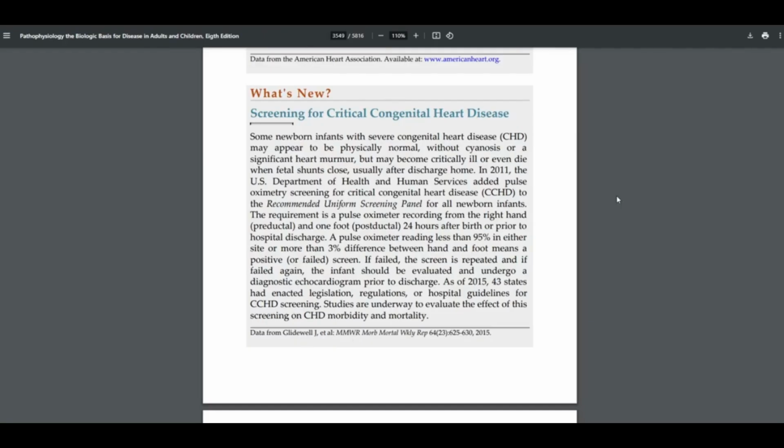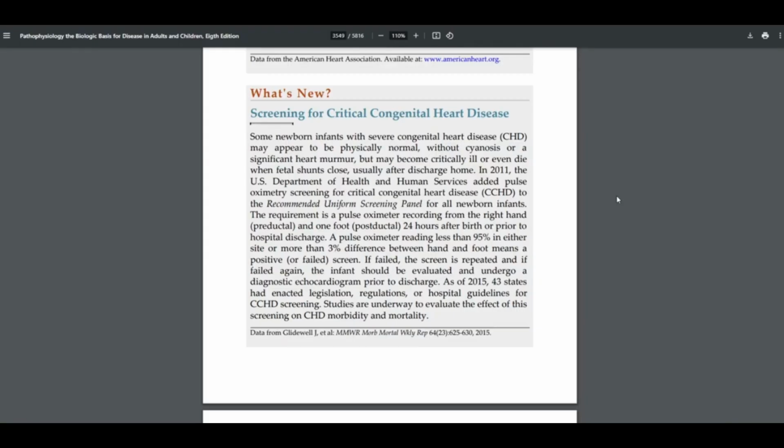The requirement is a pulse oximetry recording from the right hand preductal and one foot postductal, 24 hours after birth or prior to hospital discharge. A pulse oximetry reading less than 95 in either site or more than 3% difference between hand and foot means a positive or failed screening.